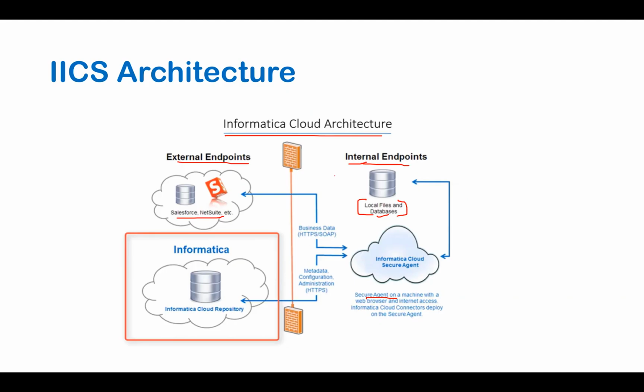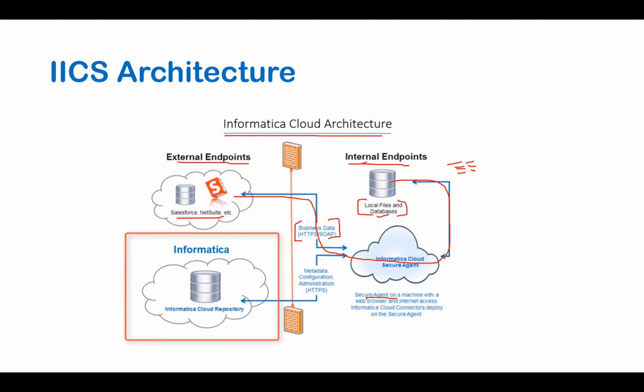Why? Because this is our organizational data. You assume we have some transactional data in the table that we are moving from here to here. This is business data, which we are moving from internal endpoints to external endpoints.